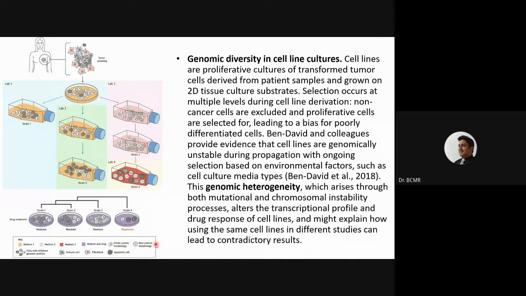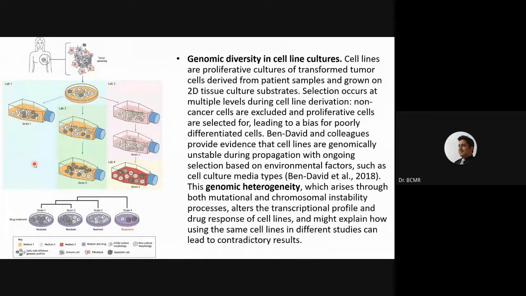So when we use these cells for studying effectiveness of drugs, one of the problems is that the cancer cells, for example, undergo further mutations with the number of cell divisions. And then what is grown in one lab, when it is passed on to different labs, different mutations occur, and they all have differences in the way they respond to drugs.